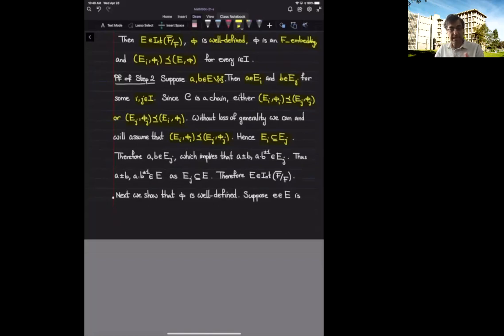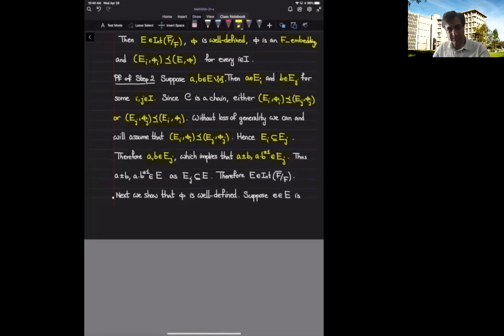Now a belongs to E_i, b belongs to E_j, so both of them belong to E_j. E_j is a field. That means a plus or minus b, a times b, or a divided by b all belong to E_j, because E_j is a field.